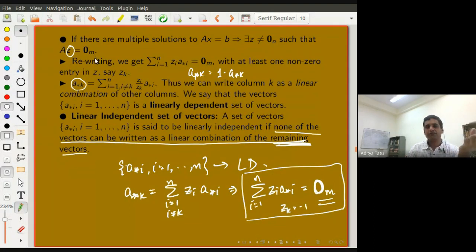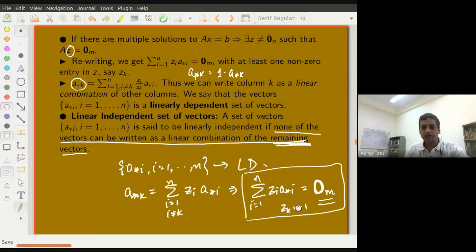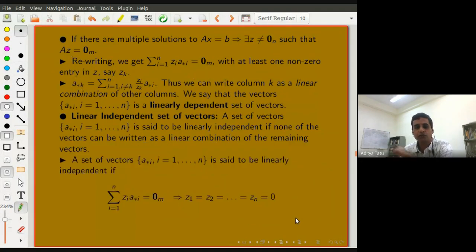But if I have a linearly independent set of vectors, then that is the only possible linear combination in order to get the 0 vector. That is yet another equivalent definition of linear independence.